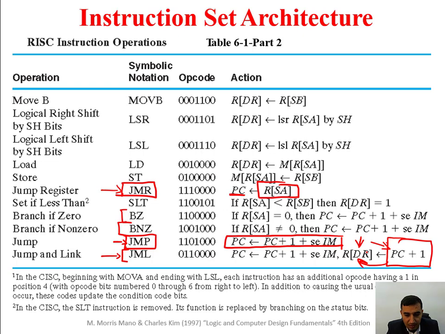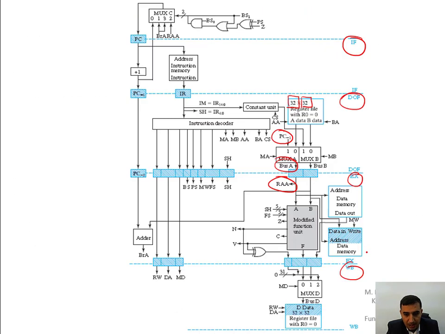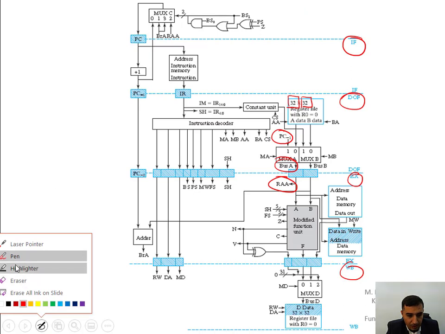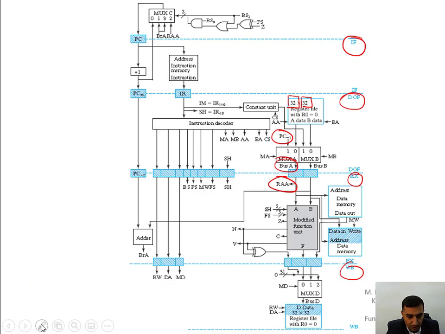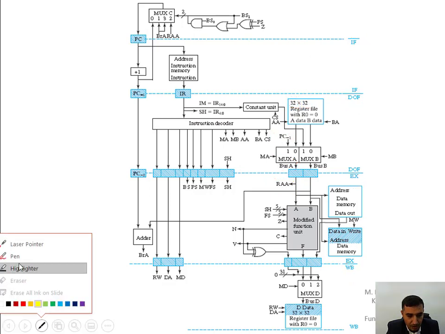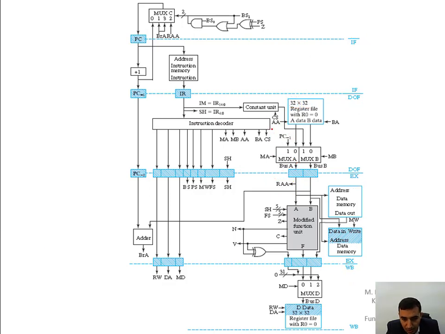In order to do that, as you can see, PC-1 is added over here. It will go through bus A, through the register file, and go back into RDR.